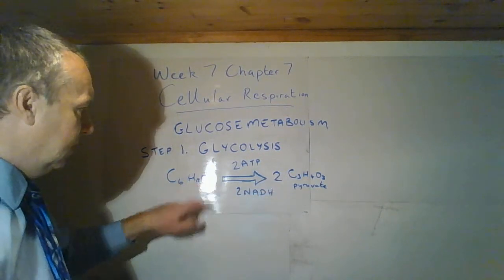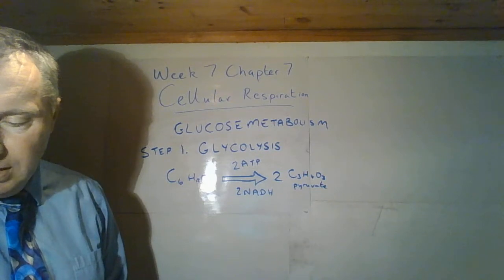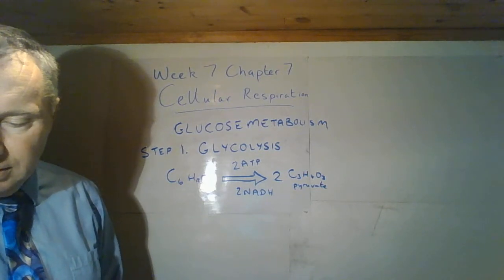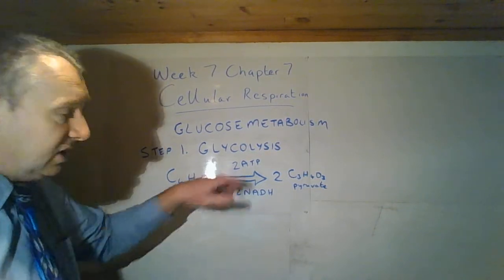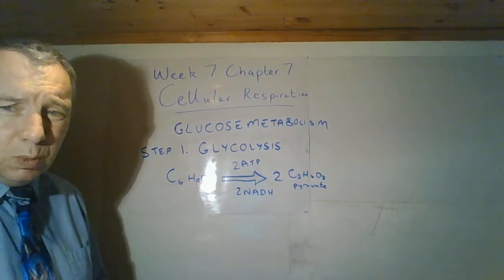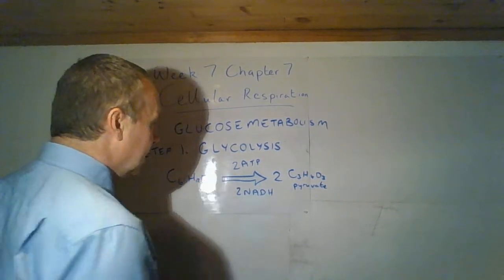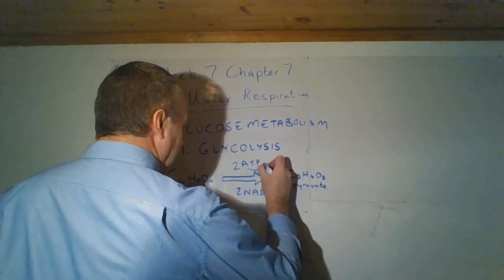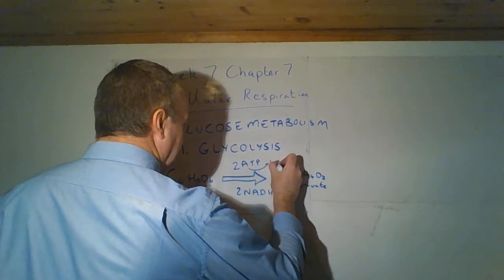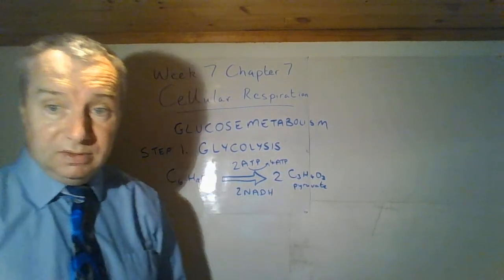We started off with 12, so obviously we have to account for the rest of those hydrogens, and that's where they ended up. And the net of 2 ATP, I'm saying the word net because 2 ATP are needed to start this reaction, and what we get out of it is 4 ATP. So 4 minus 2 gives us a net of 2 ATP.